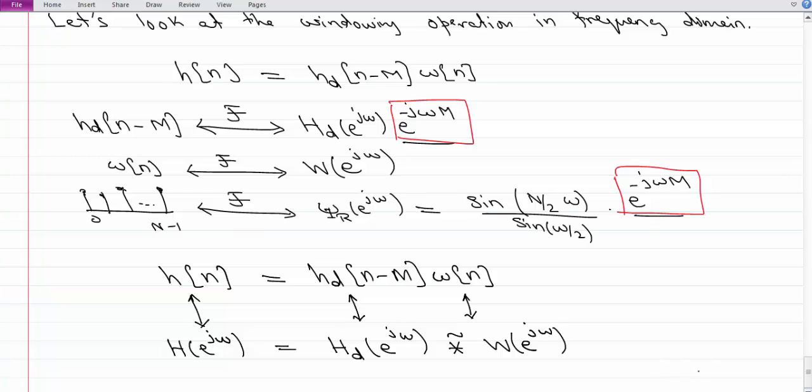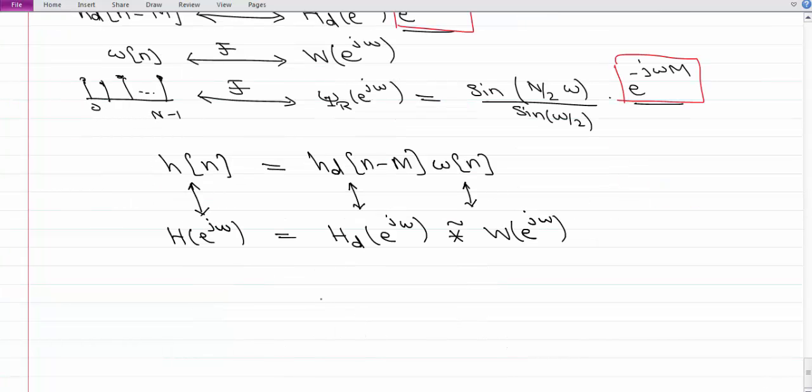Okay. Now what is periodic convolution? It is simply equal to convolution where you are going over one period. So that is equal to a 1 over 2 pi factor here, 1 over 2 pi, integral from minus pi to pi, right?